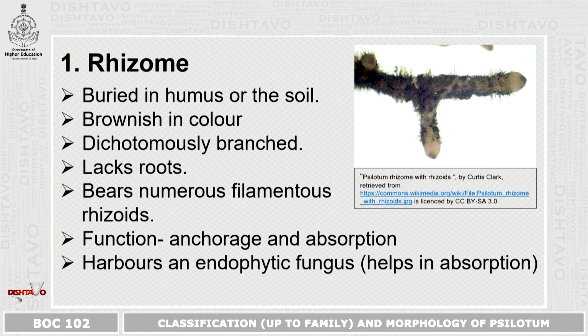Instead of roots, it bears small hair-like structures which you can see here. These small hair-like structures are called rhizoids. The function of this is absorption of water and nutrients. It also harbors an endophytic fungus which helps in absorption.